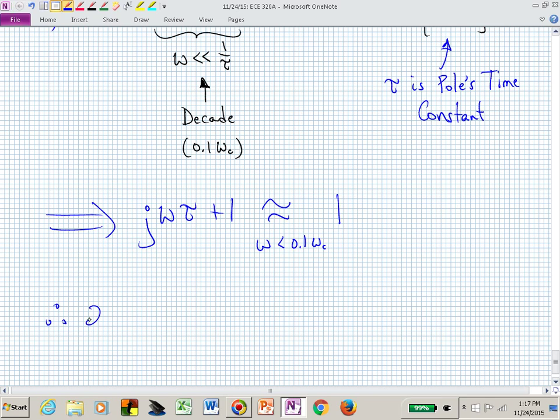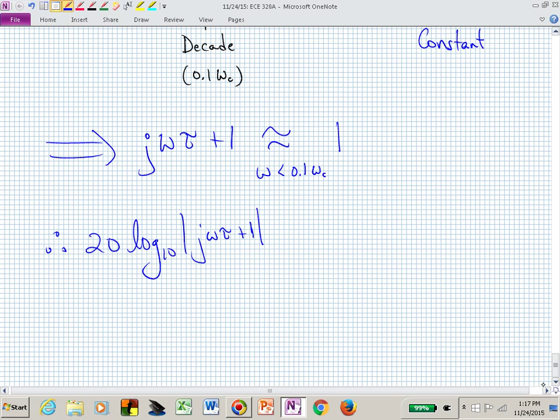And now we have what the magnitude looks like as a function of frequency for small frequencies, or small omegas. Under this constraint of frequencies being a decade below the break frequency, we are approximating 1 plus j omega tau by 1.